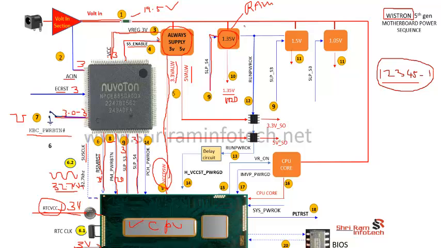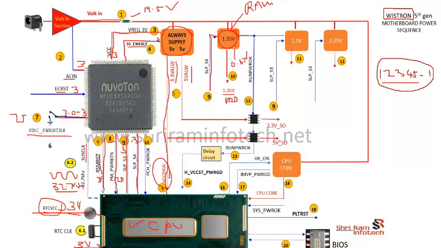This RAM supply turns on at 1.35 volt, and one more signal is generated, that is 0.67 volt.